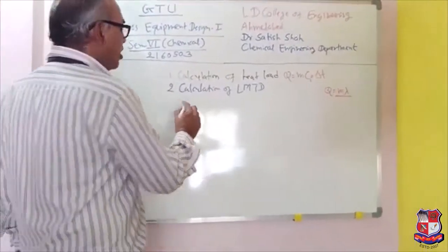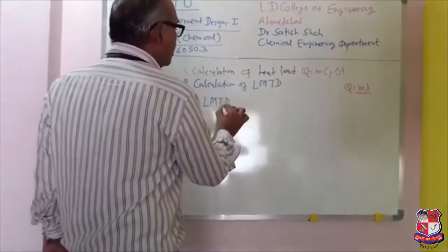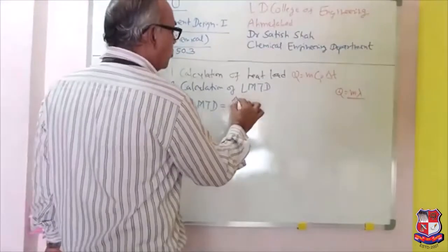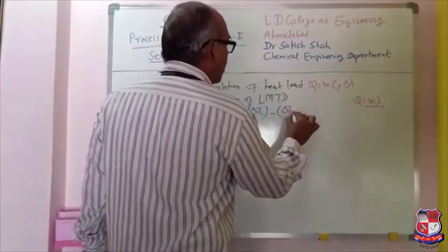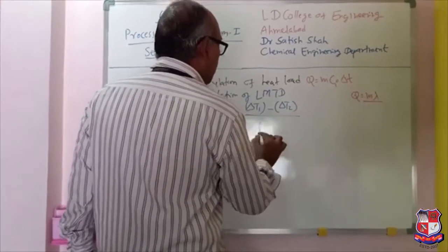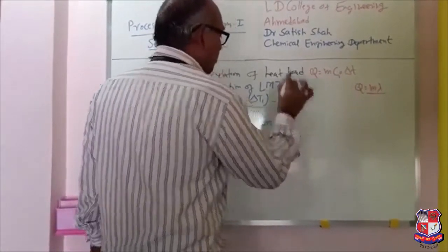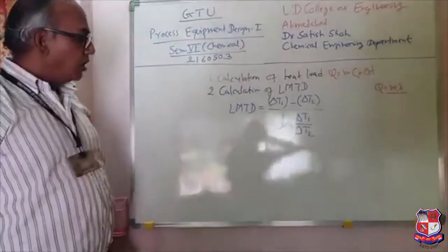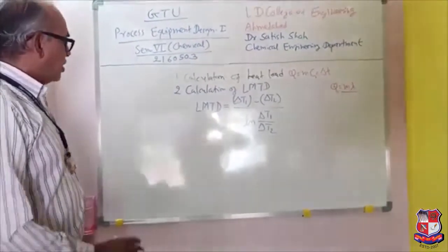So, if you want to calculate LMTD, what you have to do? You have to use the formula, that is LMTD = (delta T1 minus delta T2) upon ln of (delta T1 upon delta T2). See, this is delta T1 and delta T2, they are the temperature differences.